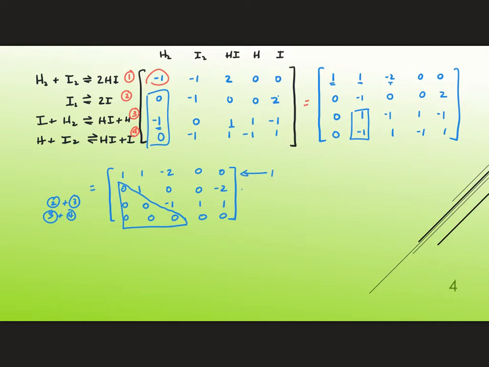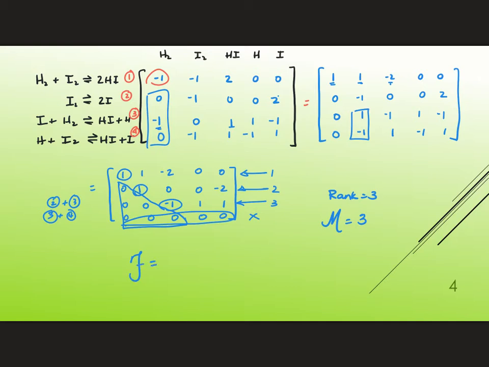This is 1, 2, based on the ones. I could make that divide by -1 if I wanted to. 3. And this one doesn't have any, so therefore I don't count that. The rank is 3. So therefore the number of independent reactions is 3.